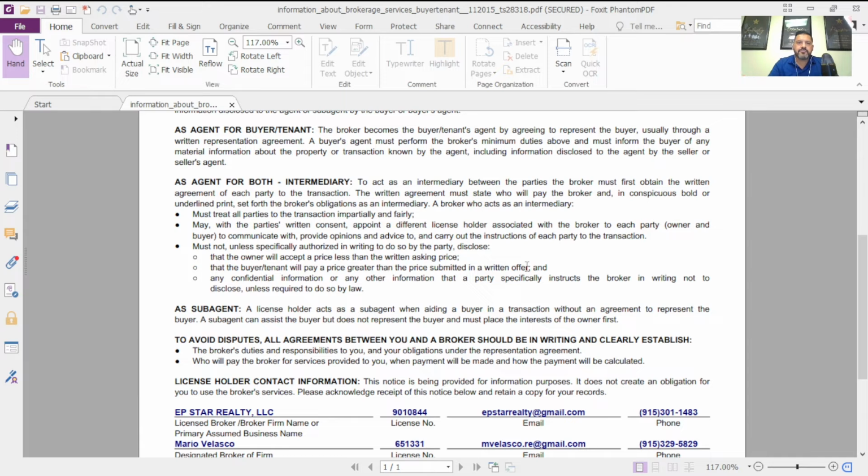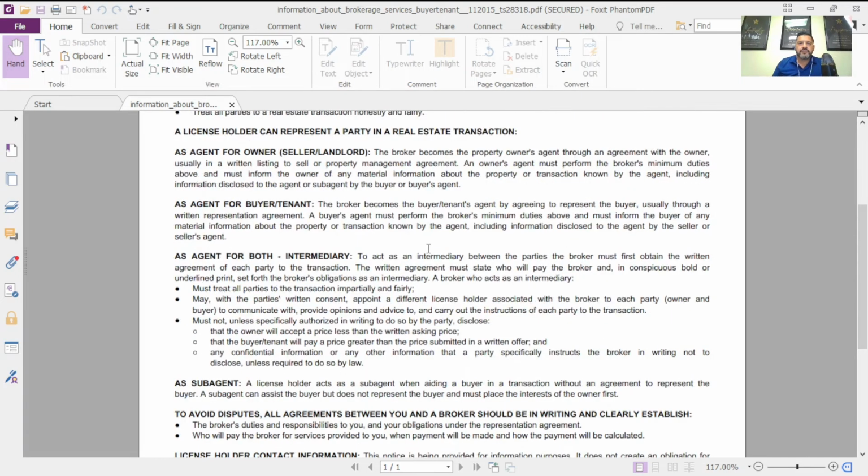In that case, you're going to be a sub-agent to the listing agent. So that's how you are a sub-agent in that position. All right, so these are the 4 categories how you can work for a client. And it's very important, once you meet with your prospect, make them aware of the different ways how you can work.